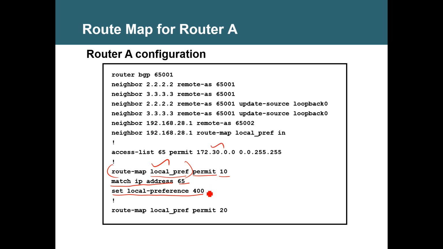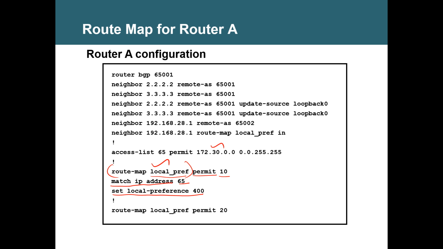Now, what is this access list? Currently when I'm working, I can use a prefix list, anything is okay. Your wish. You can use access list or prefix list, whichever you're convenient with. Both are going to match some traffic.